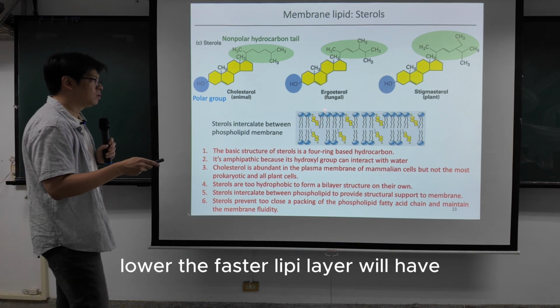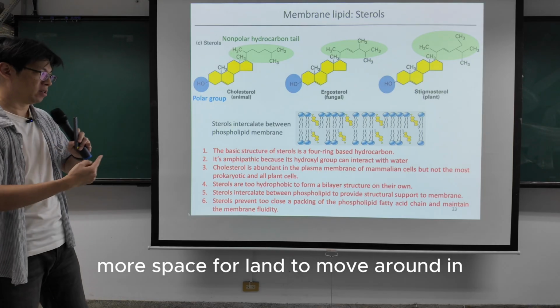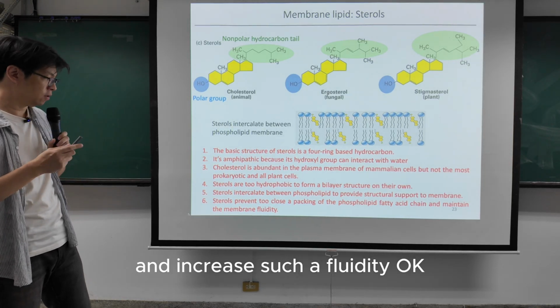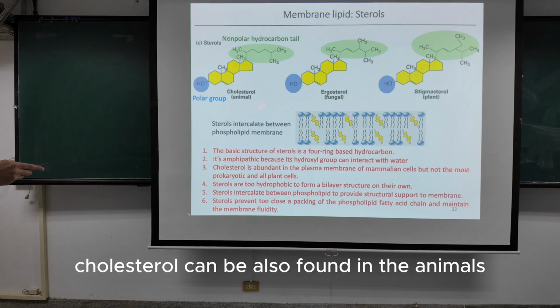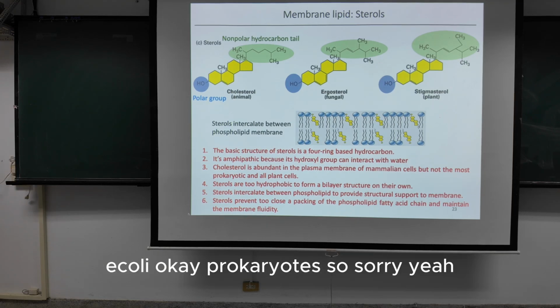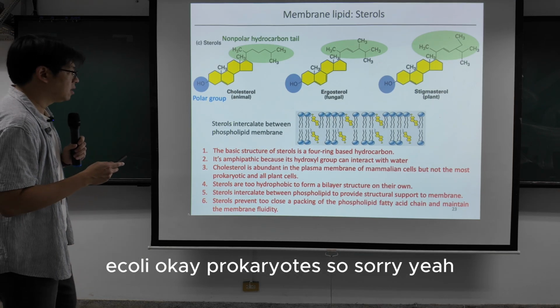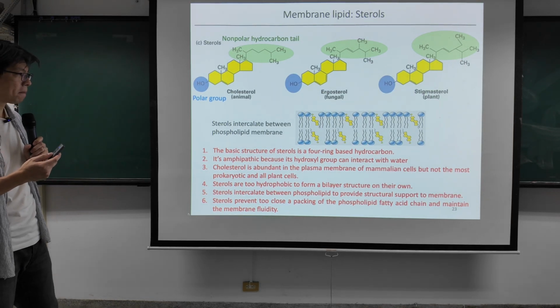Those phospholipids will have more space to move around. Also, cholesterol can be found in animals, but cannot be found in plants or prokaryotic cells. Sorry, yes, we can only find cholesterol in animals.